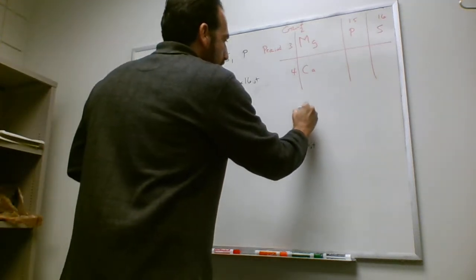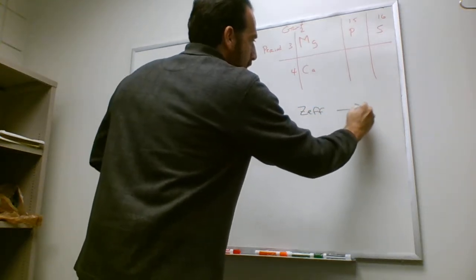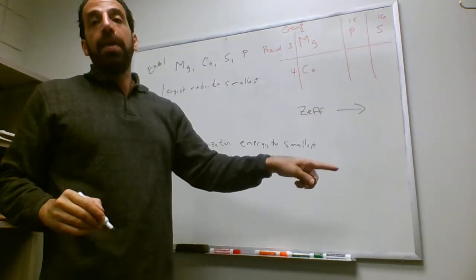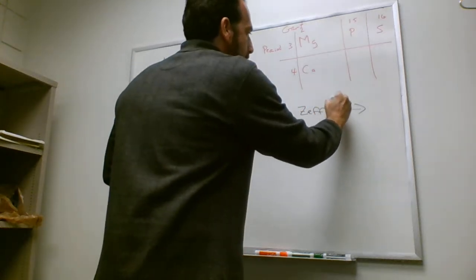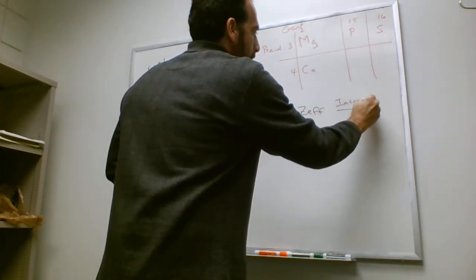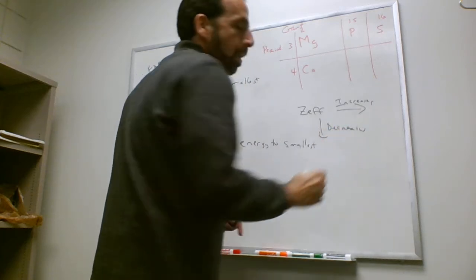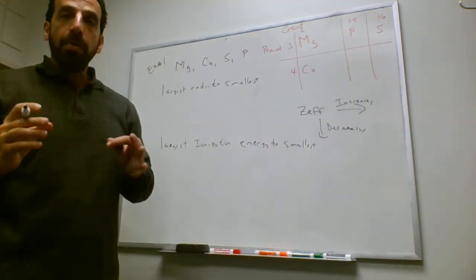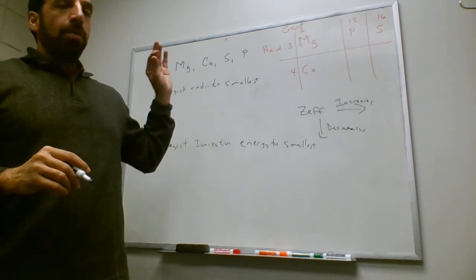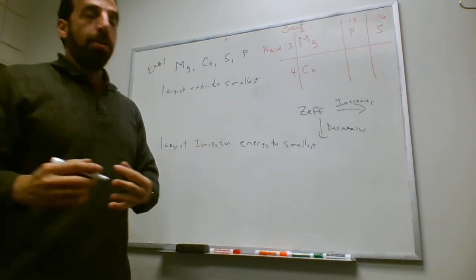Z effective increases across a period, and decreases down a group. So you have to know that. The larger the Z effective, the smaller the radii.